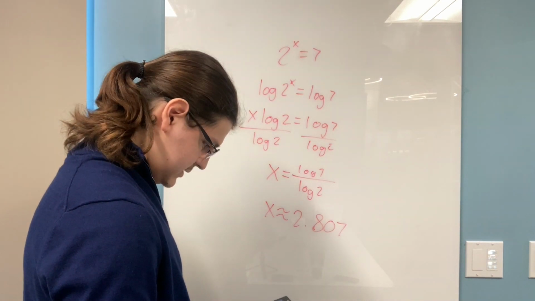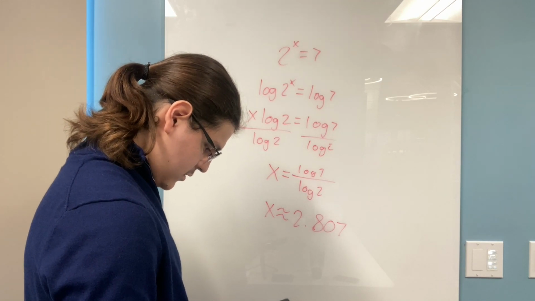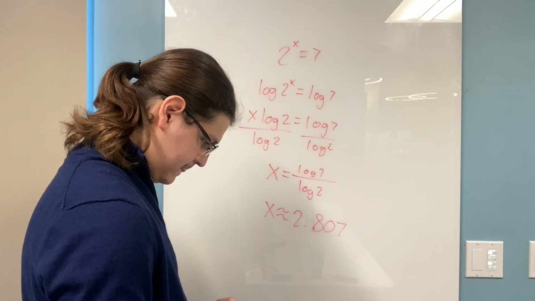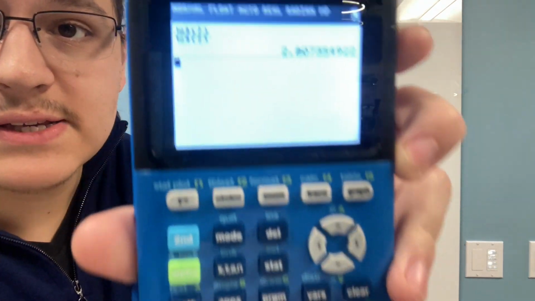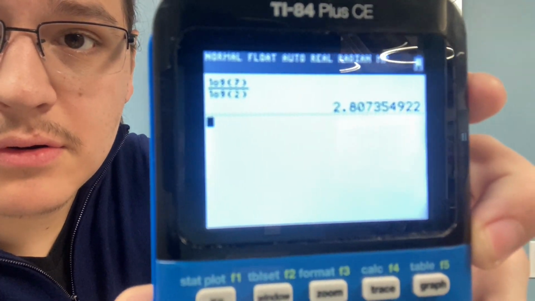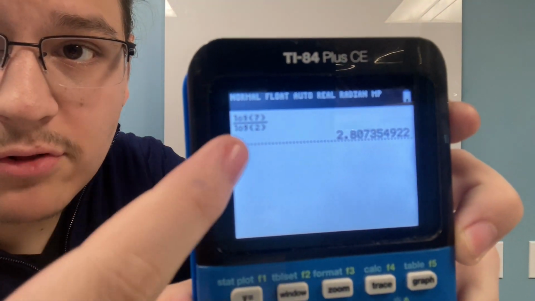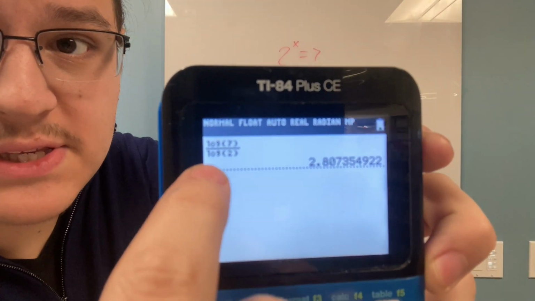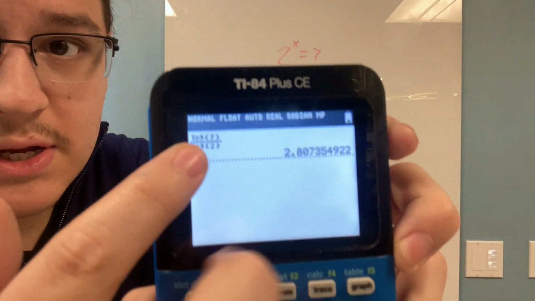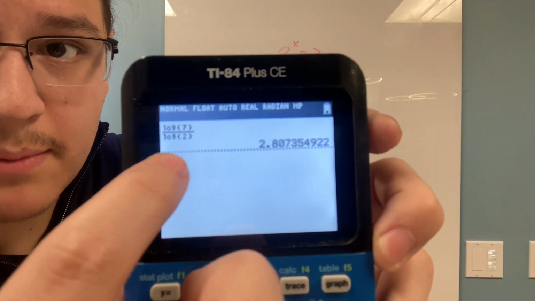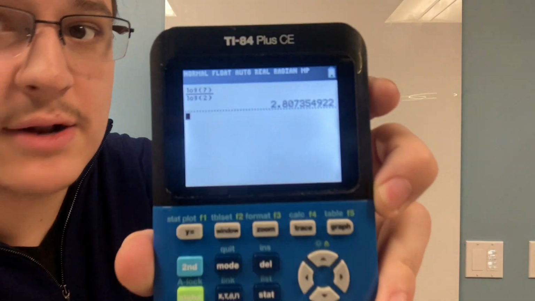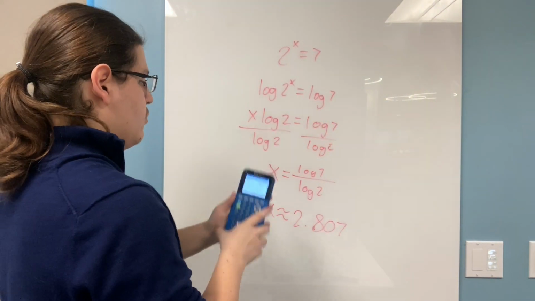Log of 7 over log of 2. I don't know if you guys can see that all right. There we go. Here we have log, and see, there's no base because it's a real hassle to get the base in there. Log of 7 divided by log of 2 is equal to 2.80735492.